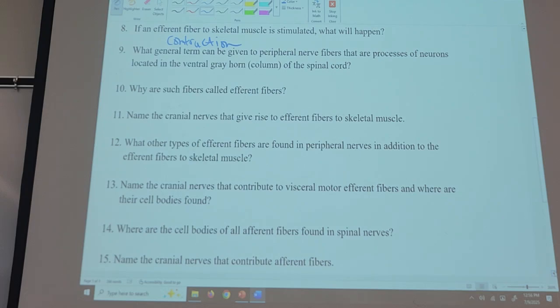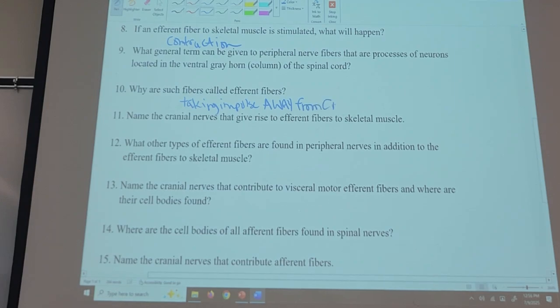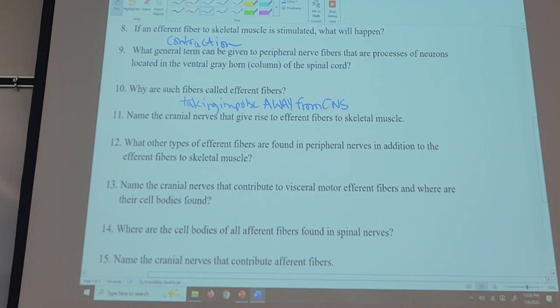What's the definition of efferent? Going away. Okay, so they're taking an impulse away from where? From the CNS, right. Okay, good. Okay, 11 we haven't got to.